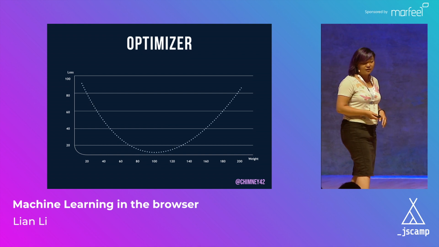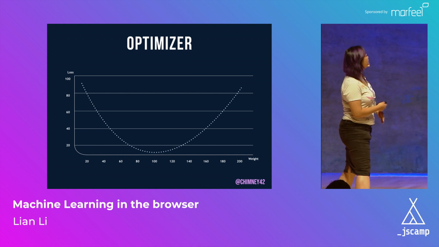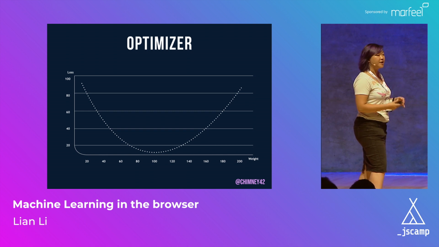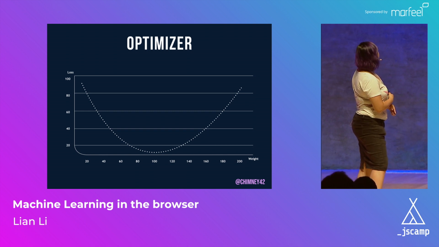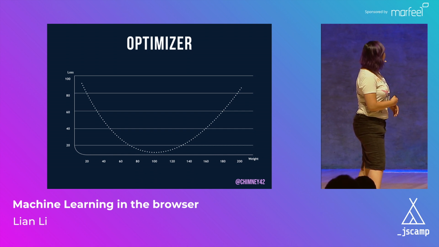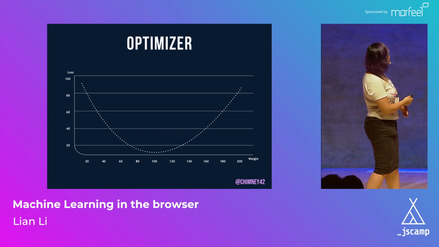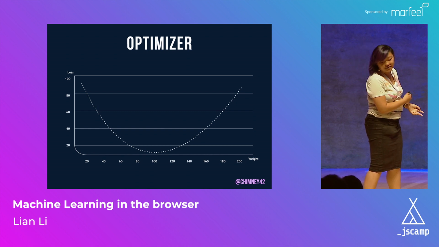So if I show you this curve, what this means is when our weight, so the weight is what we multiply our input with, is like, let's say 40, then the loss is at like 45. If our weight is at 60, it's at 25. If our weight is at around 100, it's like, let's say 5. So what we want to do is to get to that point. We want to change the weight so the loss is the smallest.